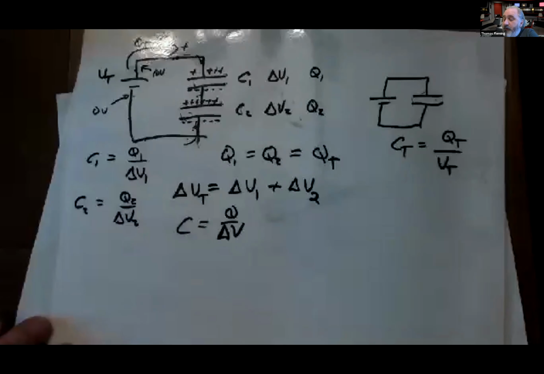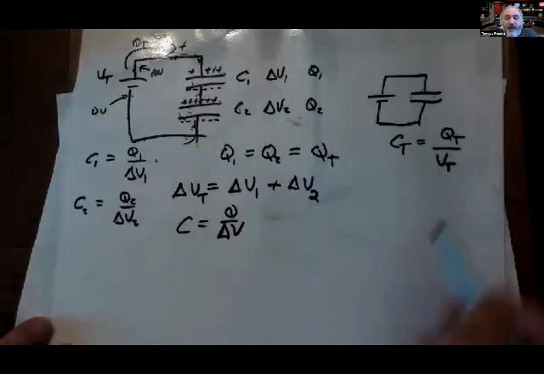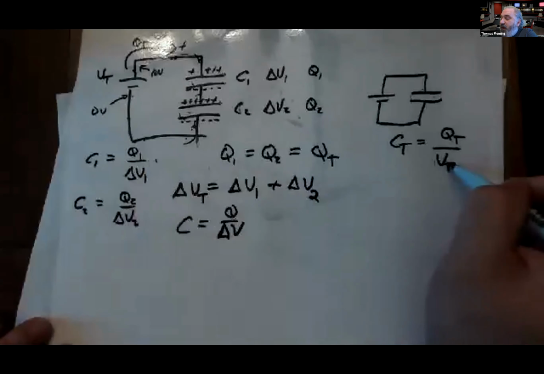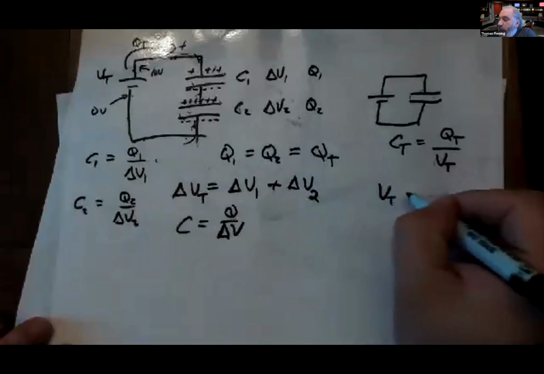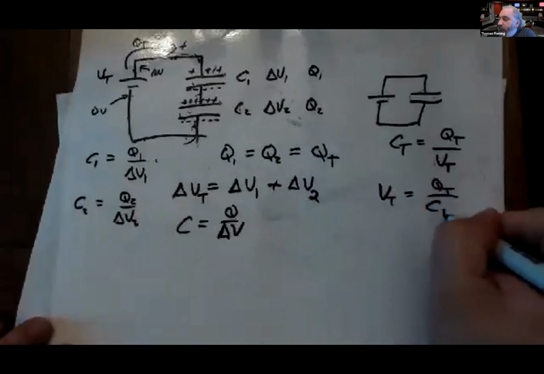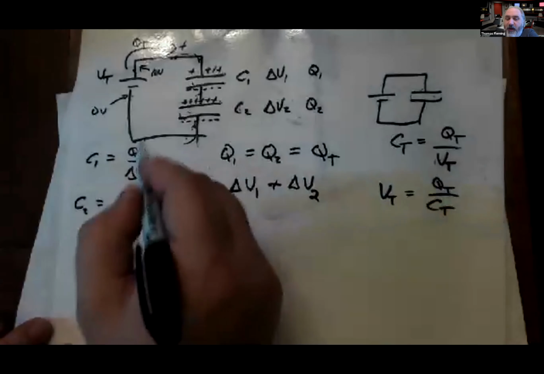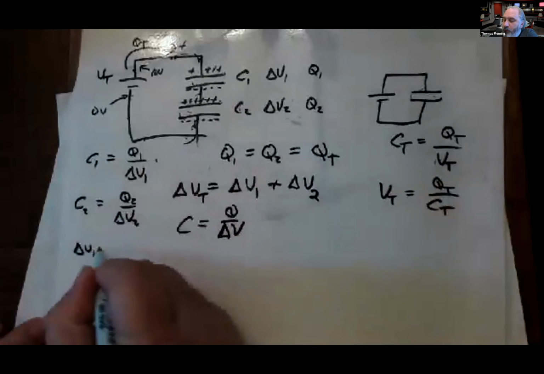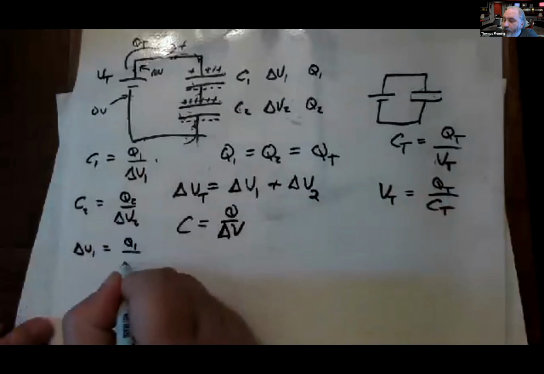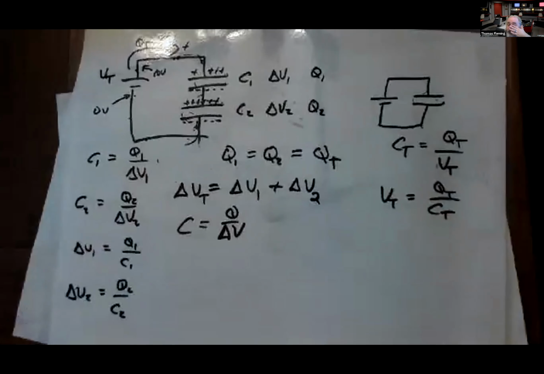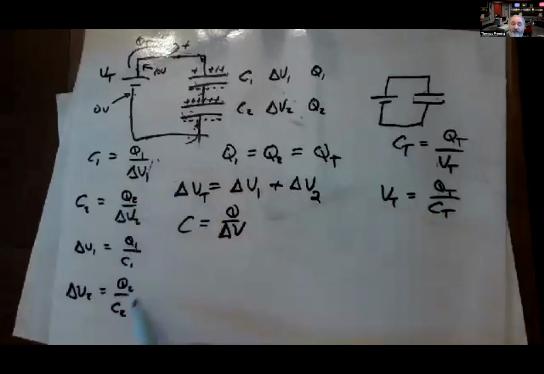Cool. Now, if I take these expressions and rearrange them, I can solve them for V. So V total has to equal Q total divided by C total. By the same logic, delta V1 equals Q1 over C1, and delta V2 is Q2 over C2.